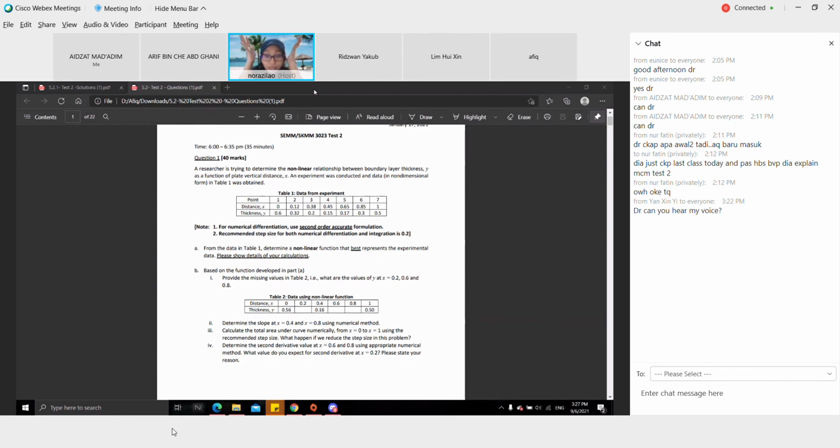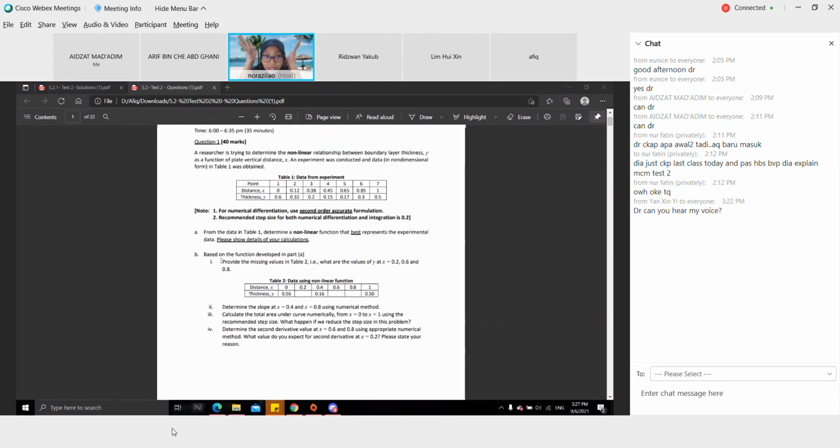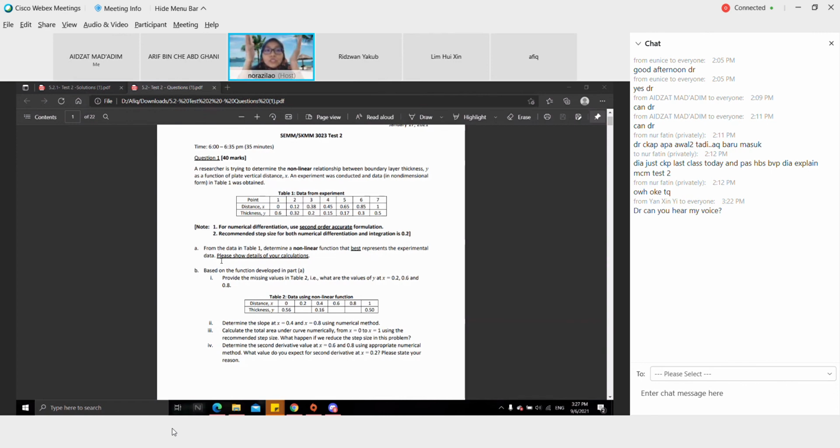Numerical differentiation: you can determine the first order derivative and second order derivative from the original equation. When you differentiate the original equation once, you obtain the first derivative. From the first derivative, you differentiate again, so it becomes the second order derivative.